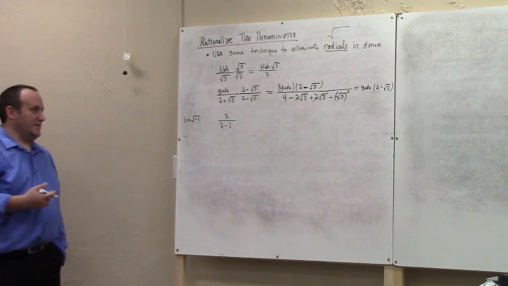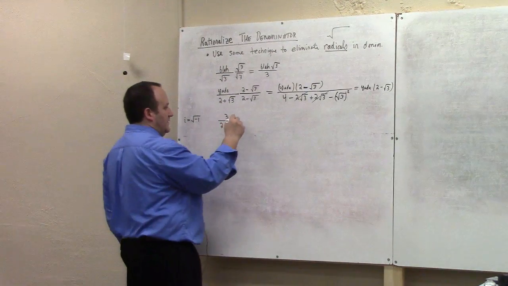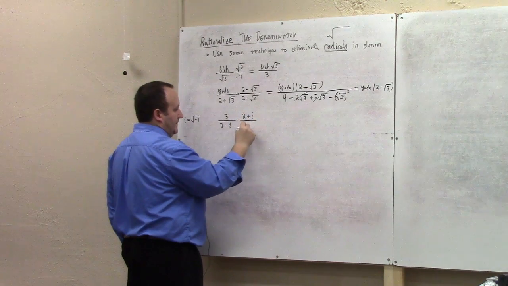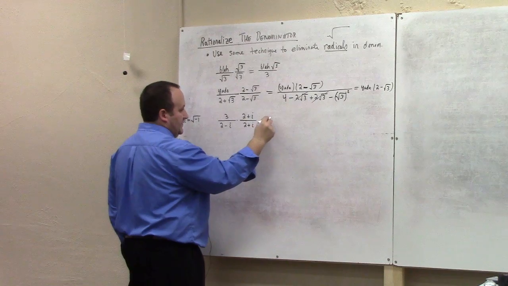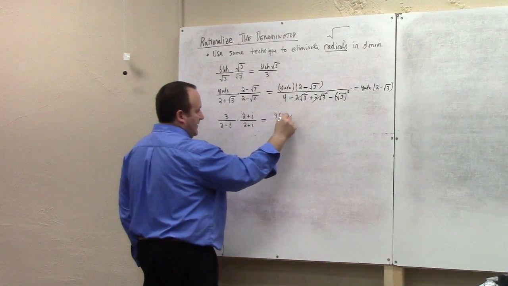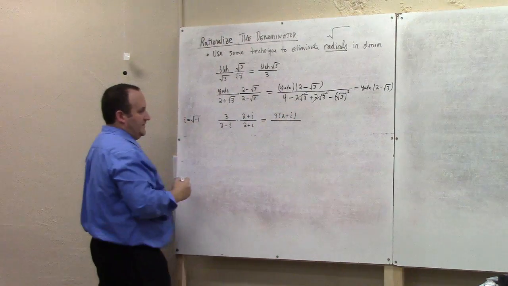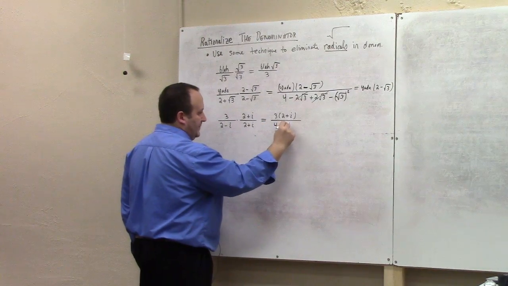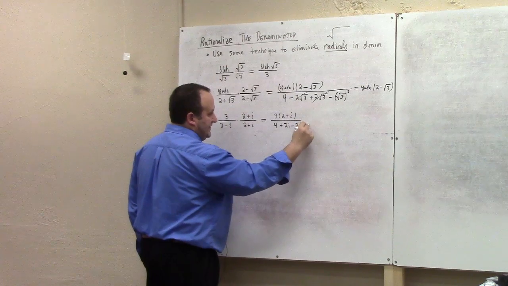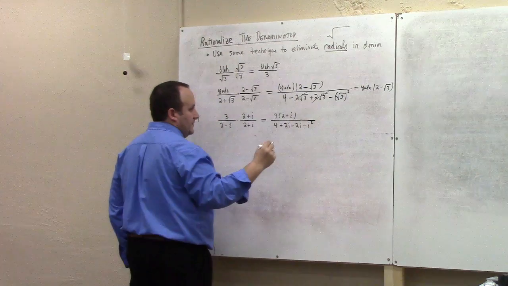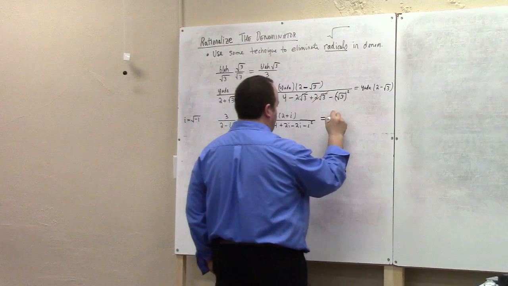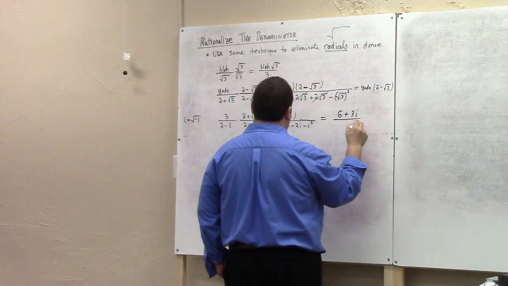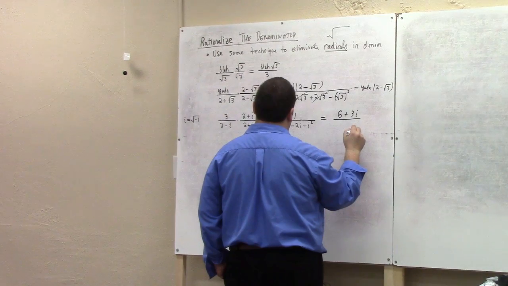What you do is you multiply by 2 plus i over 2 plus i. And so we get 3 times 2 plus i divided by 4 plus 2i minus 2i minus i squared, which is, well, 6 plus 3i divided by 5.